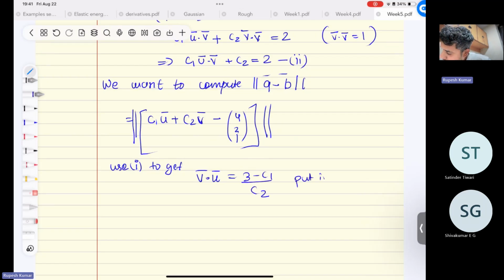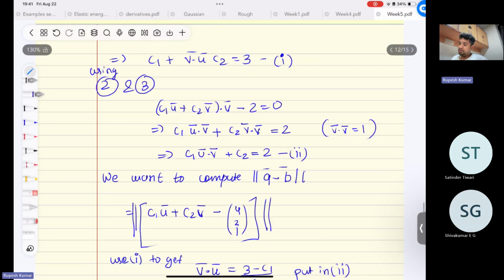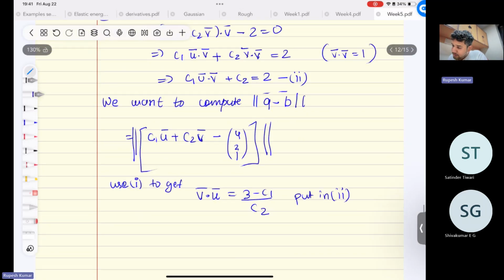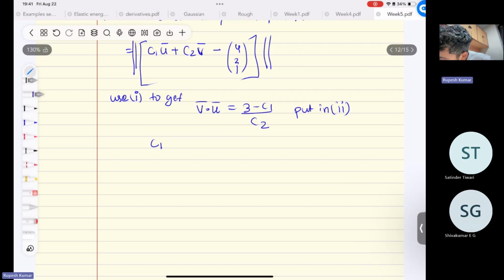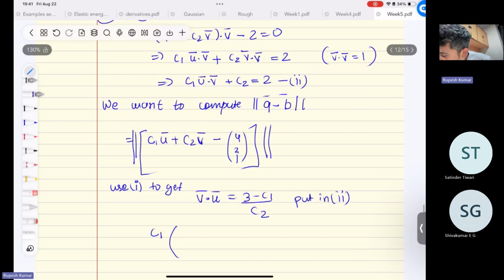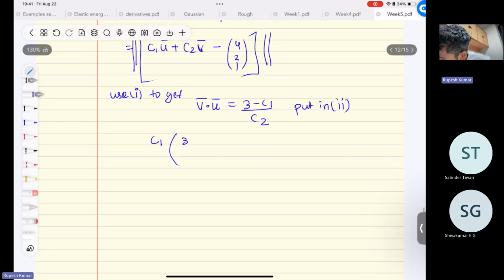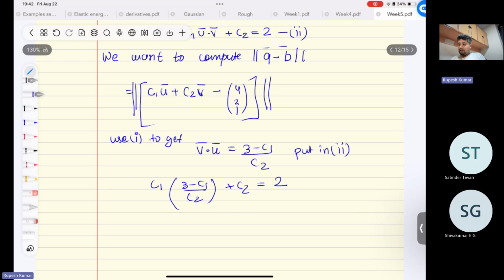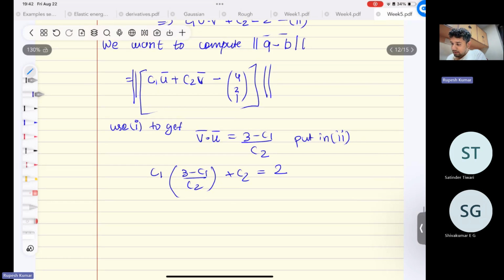Put that in equation II, which is essentially saying c1 into u dot v, which is 3 minus c1 by c2, plus c2 equals 2, right? So now you get one single equation in c1 and c2.